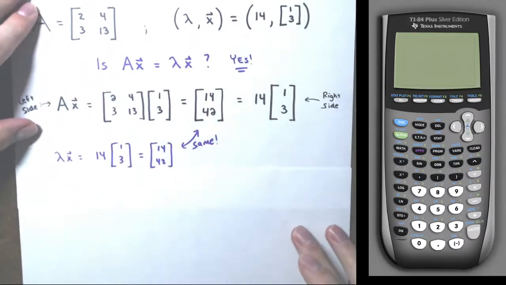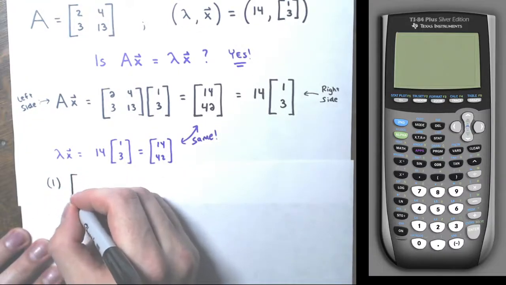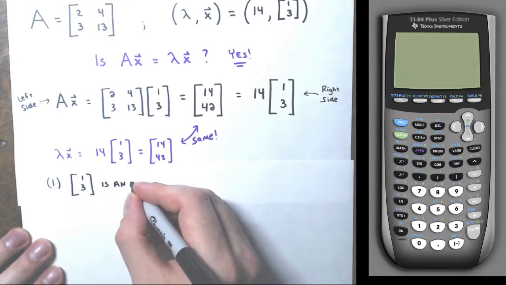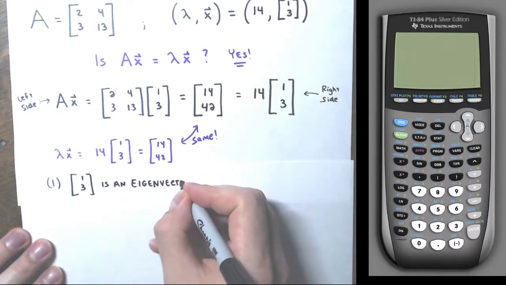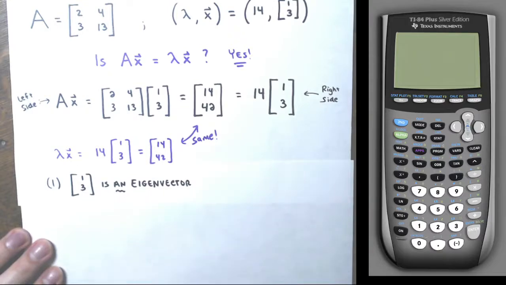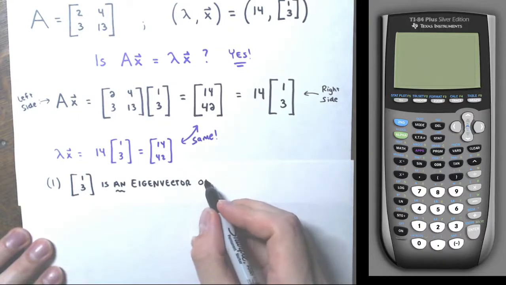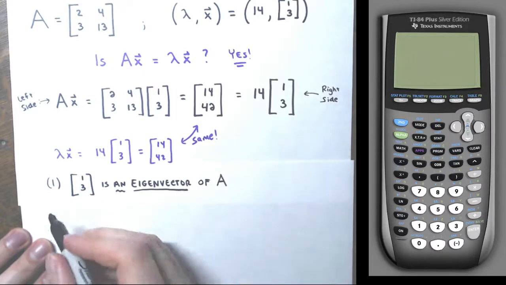Because that ended up being true, we can say that the vector 1, 3 is an eigenvector of A. Now notice I say an eigenvector because you're going to see there's usually more than one eigenvector of a square matrix. So the vector 1, 3 is an eigenvector of A.